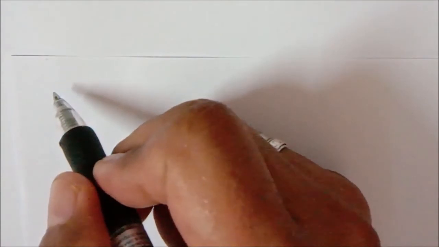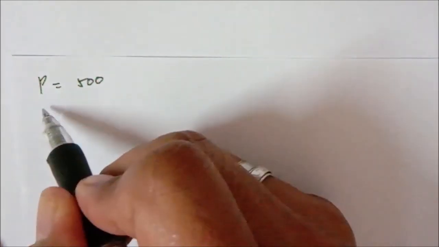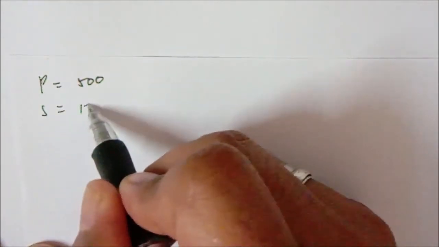So, una muna, kailangan nating malaman yung ating mga given. Ano po ba yung given natin sa number 7 natin? So, primary is 500 turns and secondary is equal to 1,200 turns.